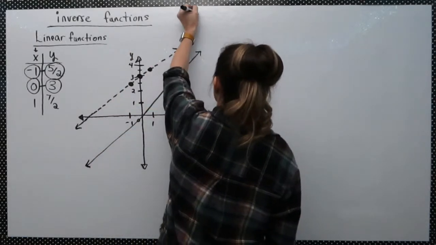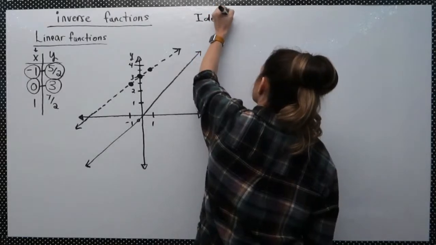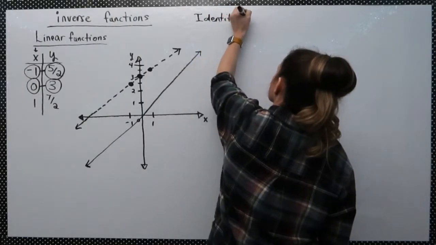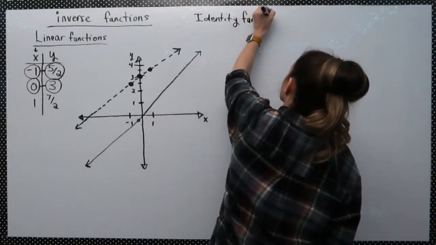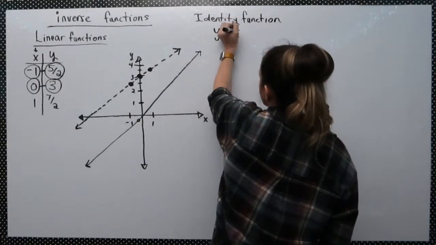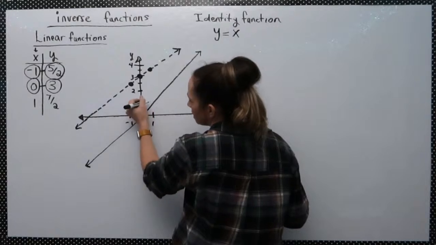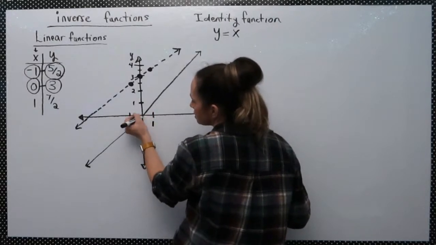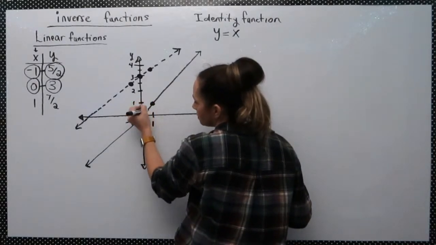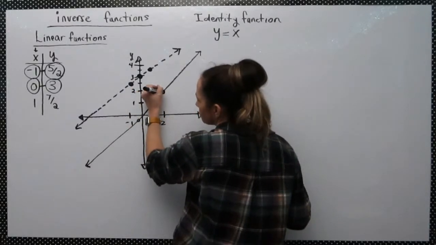So we have the identity function, okay? And all it is is y equals x. So for example, when x is 1, y is 1. When x is 2, y is 2.